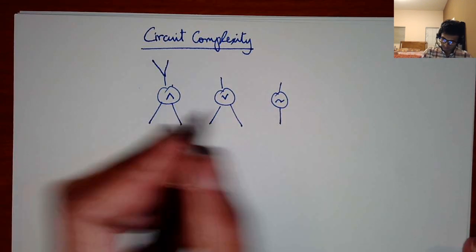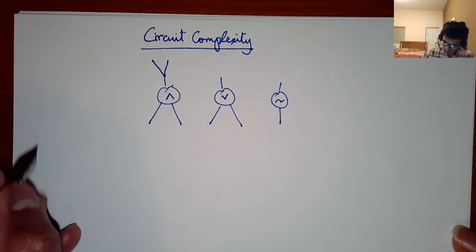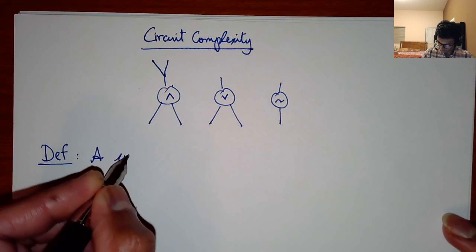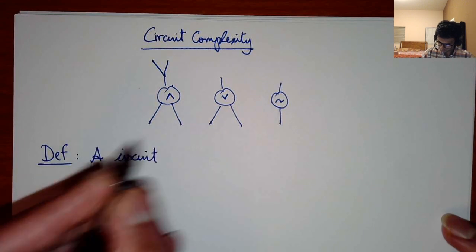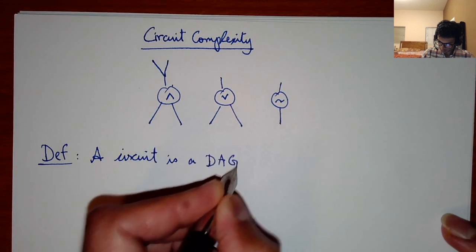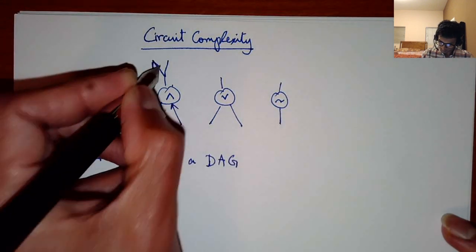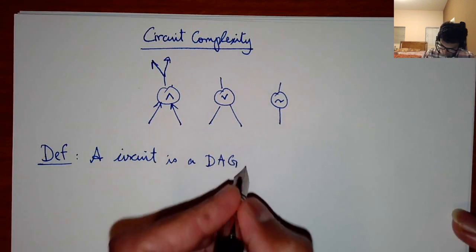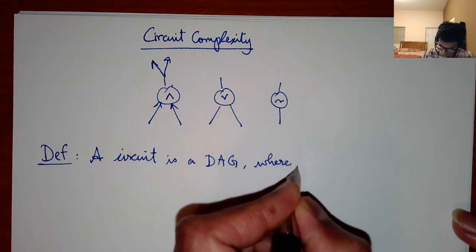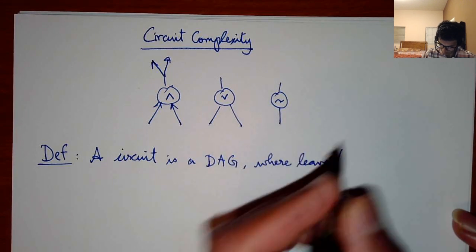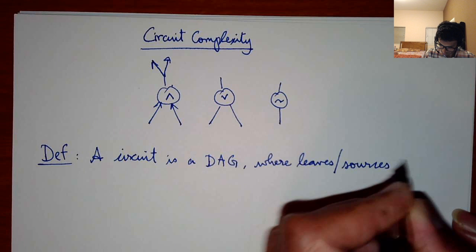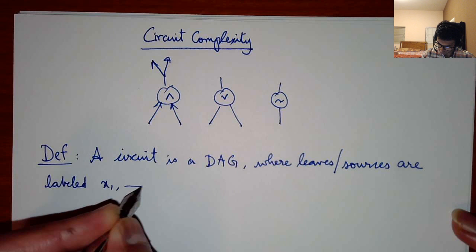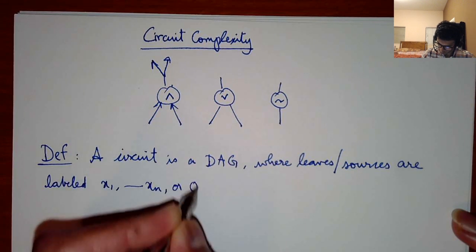Okay, so the idea is that your circuit is actually a DAG. So I'll say a circuit is a DAG because you think of sort of the inputs flowing into the gate, the outputs are flowing out, where leaves, or you can call them sources, are labeled x1 to xn, or 0, 1.